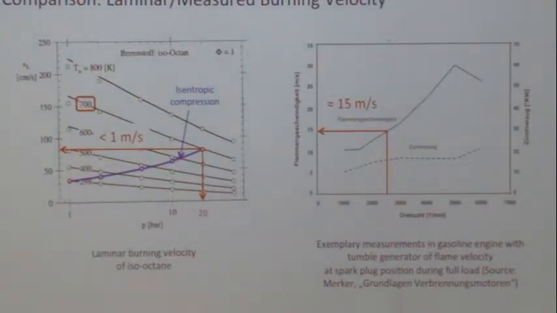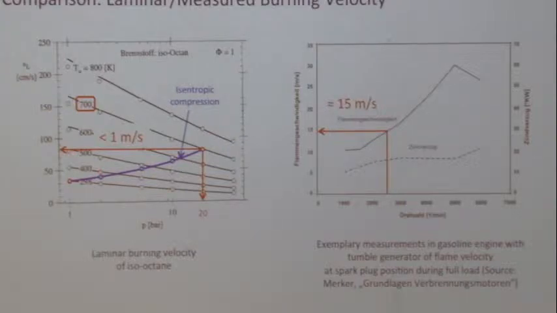Now, if you're in a gasoline spark ignition engine, then you have a compression stroke, and in a compression stroke you have, let's say, an isentropic compression. So if you start here at 298 Kelvin and 1 bar, and then you do this isentropic compression, you end up here at 20 bar and about 700 Kelvin. And the burning velocity you get is like, let's say, 60, 70, 80.